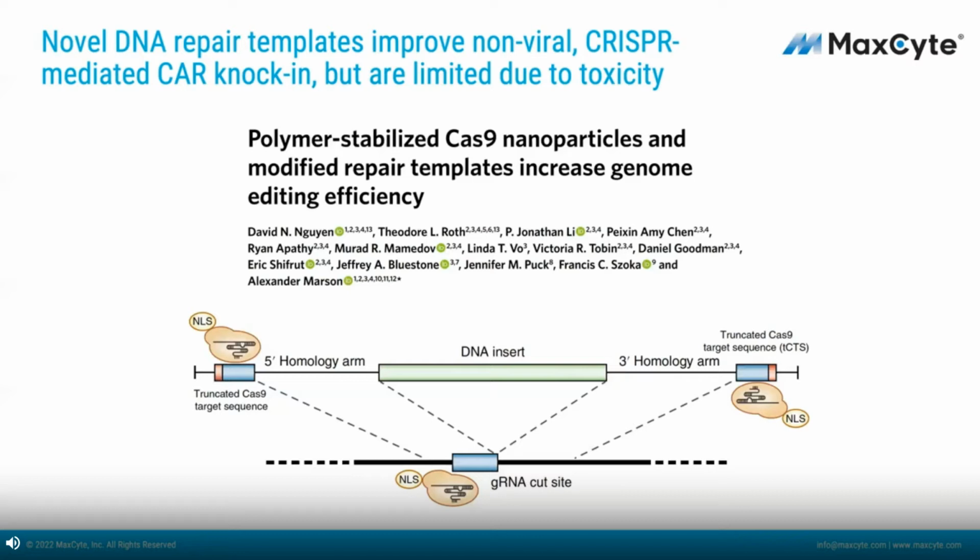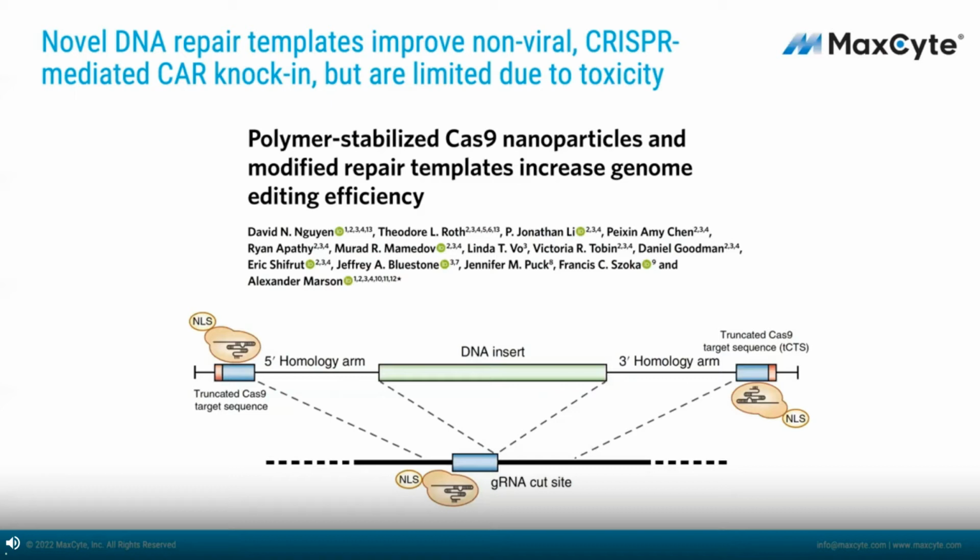And so what this allows for is that when you have the Cas9 complex bound to the DNA in the cell, and the Cas9 has a nuclear localization signal, or NLS, you will then get highly efficient uptake of your DNA template into the nucleus of the cell where the HDR is going to occur. And so now you're stacking the deck further towards HDR by not only having the template in the cell, but making sure it's getting to the nucleus alongside Cas9.